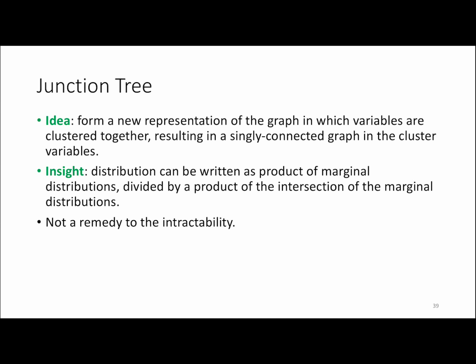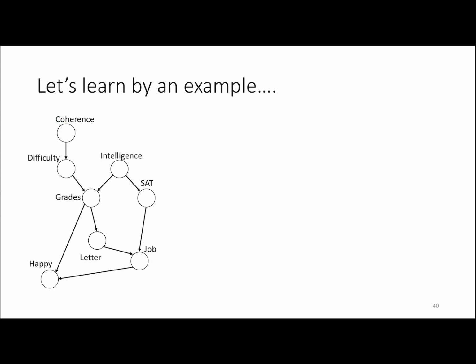Nevertheless, we do that because sometimes we have an insight for some families of graphs that the cost is either affordable or it helps us in our approximation procedure. So let's go back to the examples that we had last time.